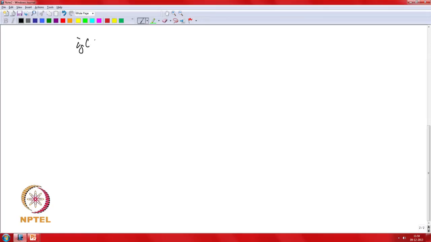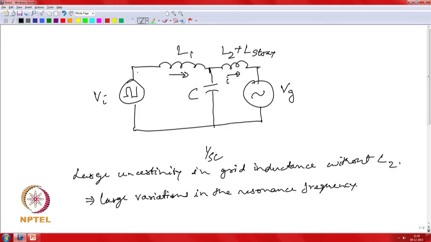So Ig of S divided by Vi of S is 1 by SL1 plus the series value of SL1 plus the impedance of C in parallel with L2.